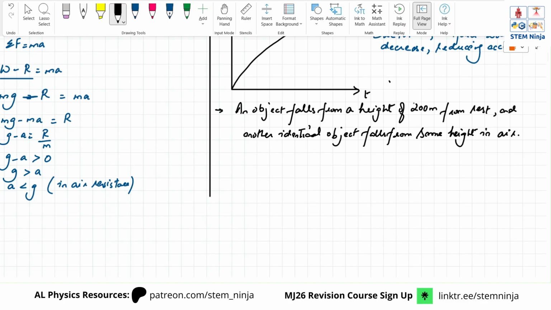We're going to even increase that also. So let's go with 1,000 meters, for example. Actually, the distance is inconsequential. It's just there to show the difference. The question is, which object will take longer to reach the ground?